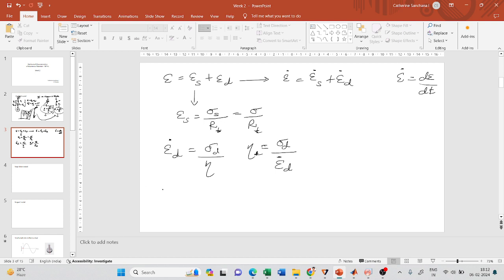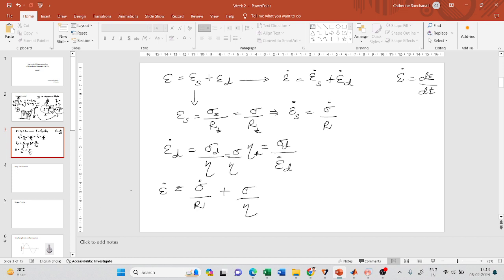So now epsilon dot is equal to, if you see here, this epsilon s will become epsilon s dot, which will be sigma dot divided by r. This will also be sigma divided by eta, since sigma d is equal to sigma. Now epsilon dot is equal to sigma dot by r plus sigma divided by eta.